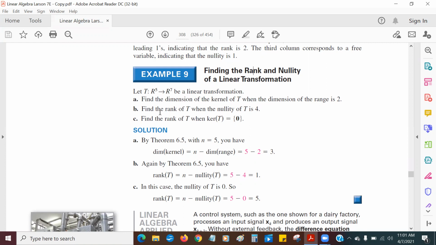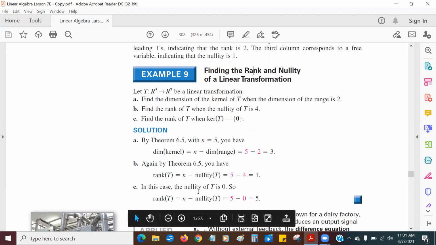We want to find the rank of T when the nullity of T is 4. And we want to find the rank of T when the kernel of T is the zero vector. So the dimension of the kernel is equal to n minus the dimension of the range: 5 minus 2 equals 3. That's our answer. And the rank of T is equal to n minus the nullity, so 5 minus 4 is 1.